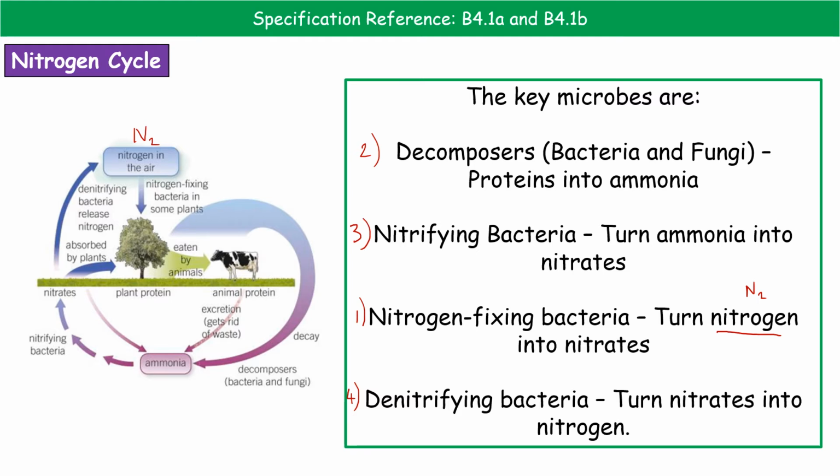My suggestion for learning this is learn the 4 bacteria and what they convert into what. The only other point you then need to remember about the nitrogen cycle is that the proteins in plants are eaten by the animals, and that's how it passes along to them.